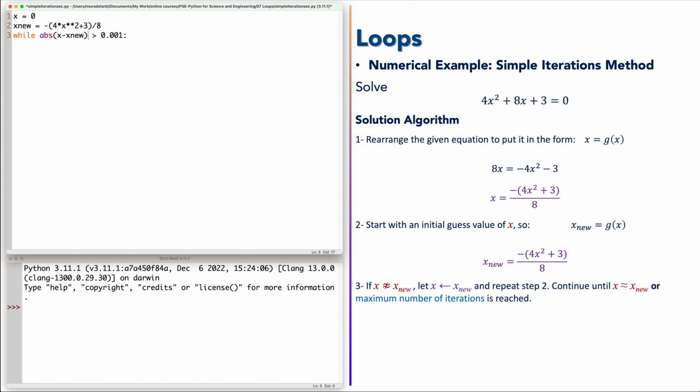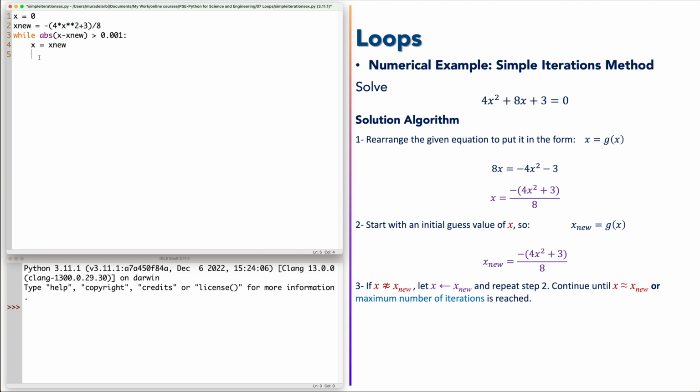Now let's fill the body of the while loop block. According to the algorithm, if the condition is true, we should assign the value of x new to x. So we should write x equals x new. Then we need to repeat step 2. We have to copy and paste this equation.